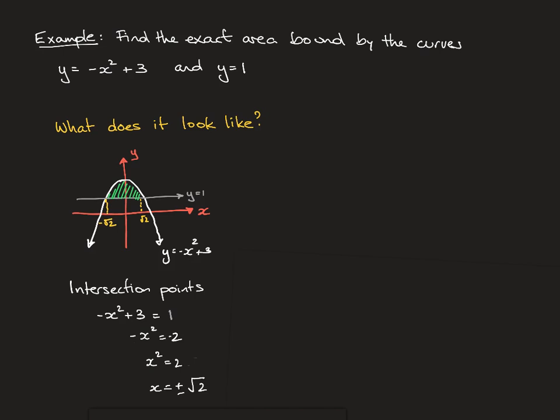Now I need to integrate to find my area. The area is equal to the integral from our lower terminal, minus root 2, to our upper terminal, root 2, of the top curve, which is the white curve, so the white formula goes first, minus x squared plus 3, and then take away our bottom curve here.